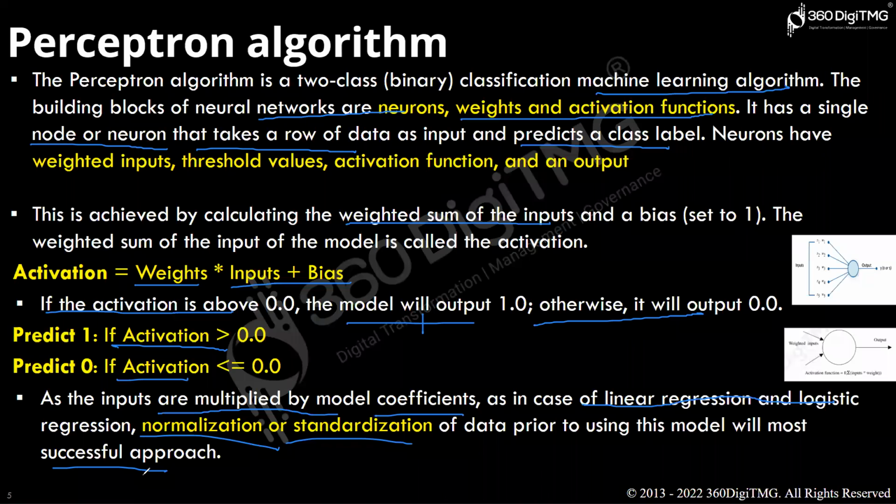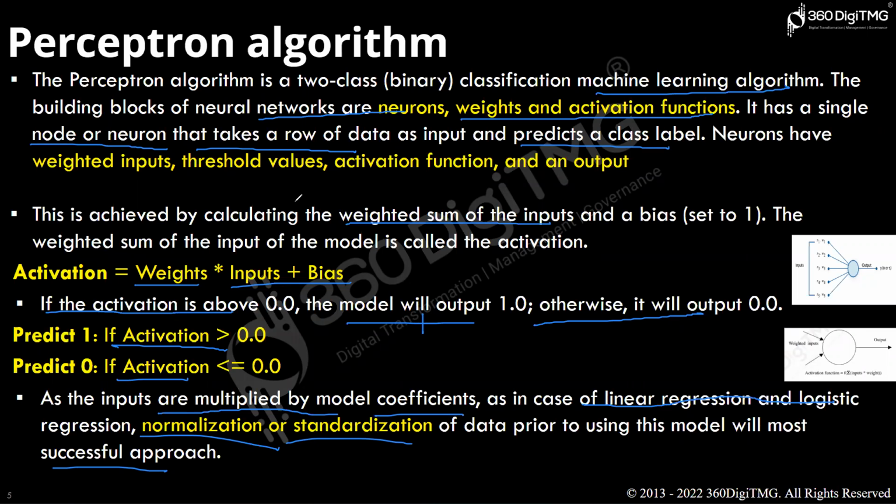Basically, we are going to see what is meant by the perceptron algorithm. The perceptron algorithm is basically for weighted sums, where we use linear regression or logistic regression.